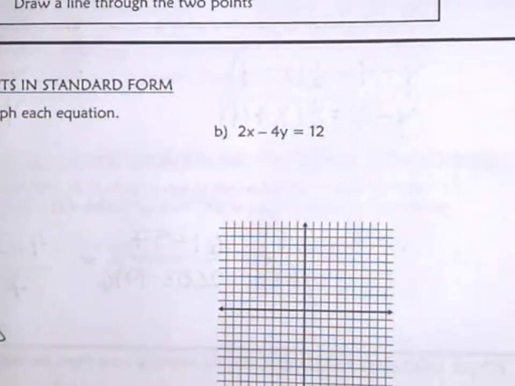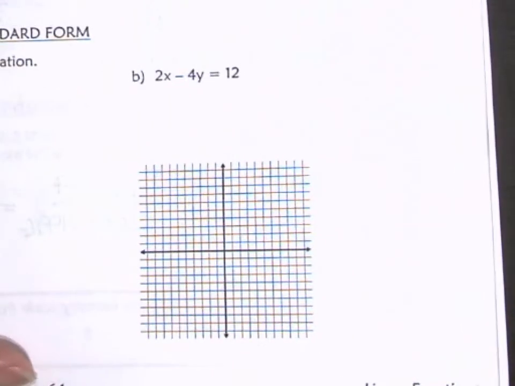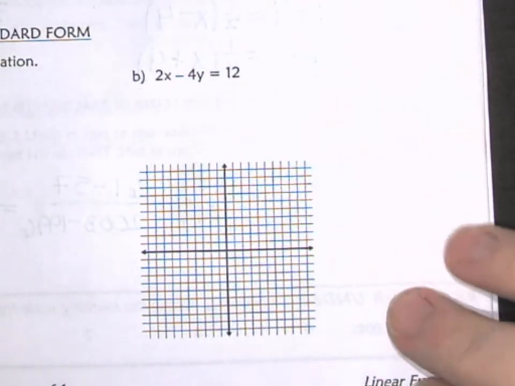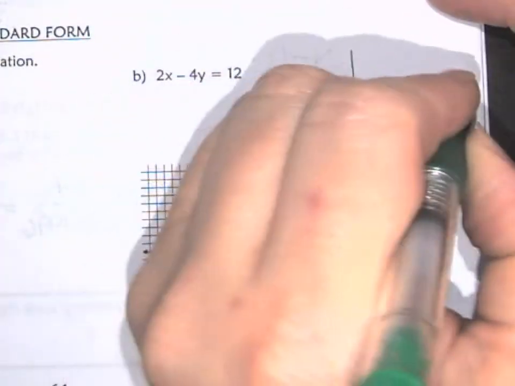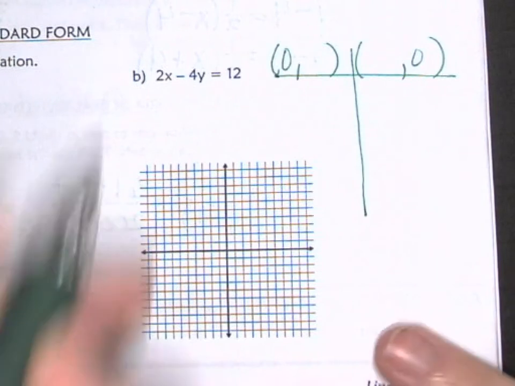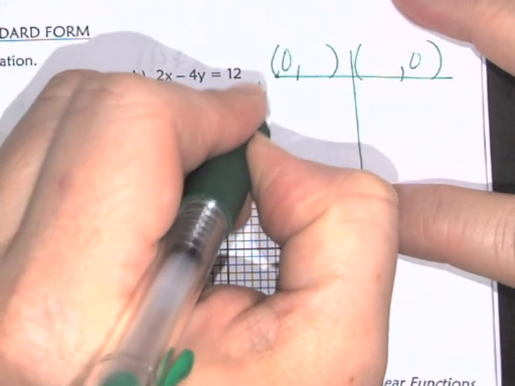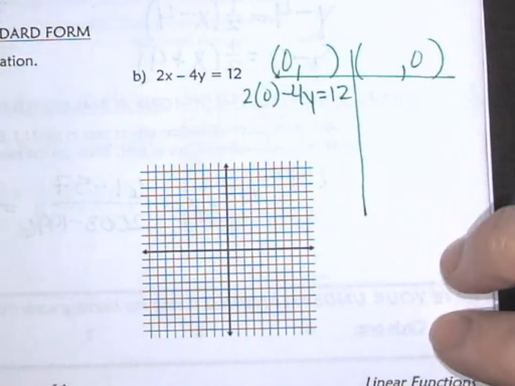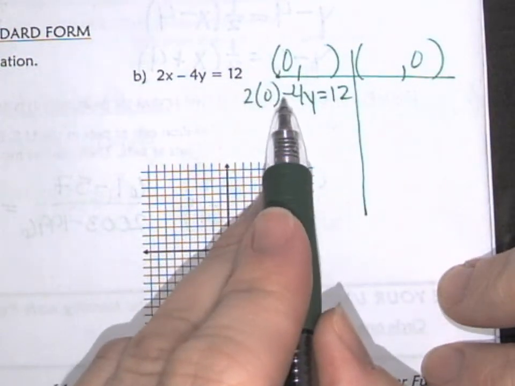Okay, let's look at another example. 2x minus 4y equals 12. So again, 0 for both. Here, be really careful because this goes away, so this becomes a negative 4y.